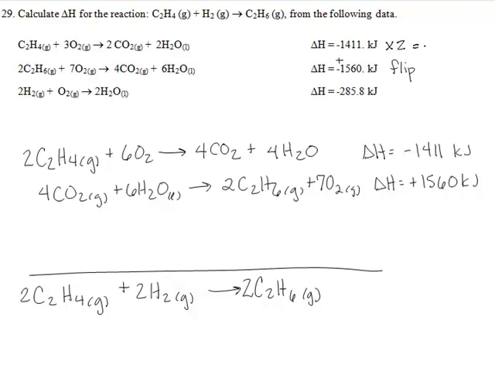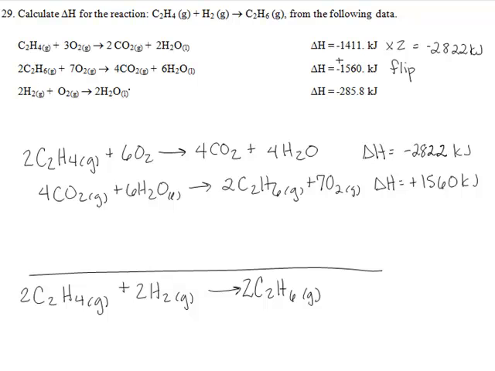So when we have multiplied, we should get a negative 2822 kilojoules. Twice as many molecules, twice as much energy. So now I've got my 2C2H4 and my 2C2H6. All I've got left from my final equation is my 2H2.